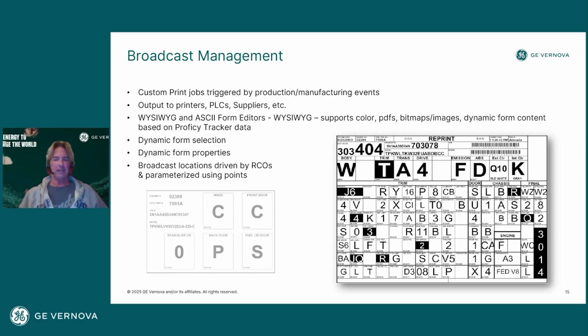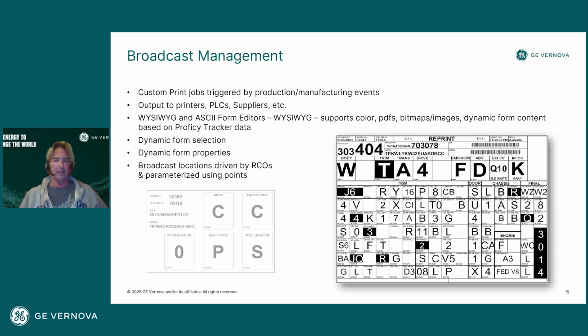As I said, the broadcast management is really a way to gather all this data at one time and in one place, and then output it in various ways. The forms printing to outputs as printers is one example, but it can also be used to direct the output to a PLC or as a message to suppliers through either an FTP or HTTP type of connection.